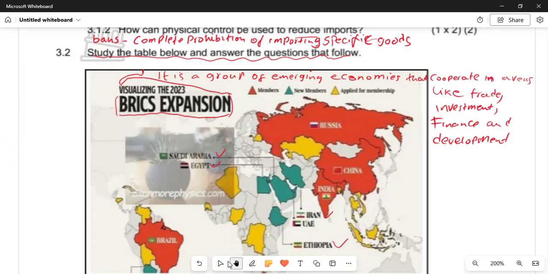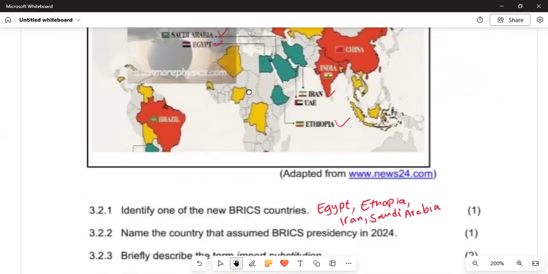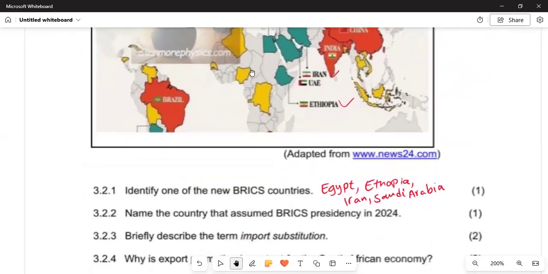So why do we say these are the new BRICS countries? When we are talking about Egypt, the reason it is one of the new BRICS countries is its strategic location.